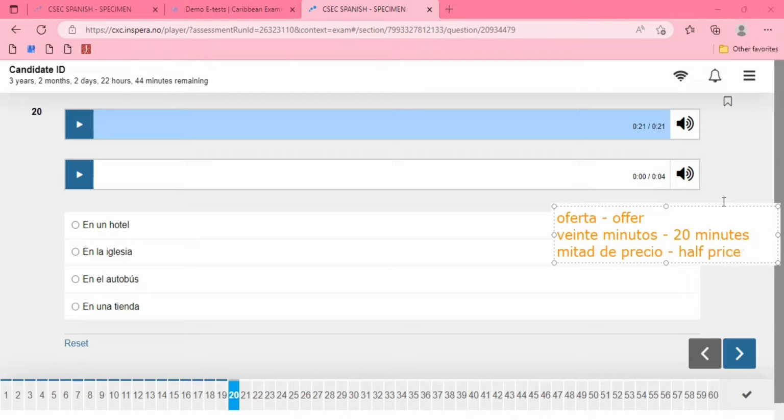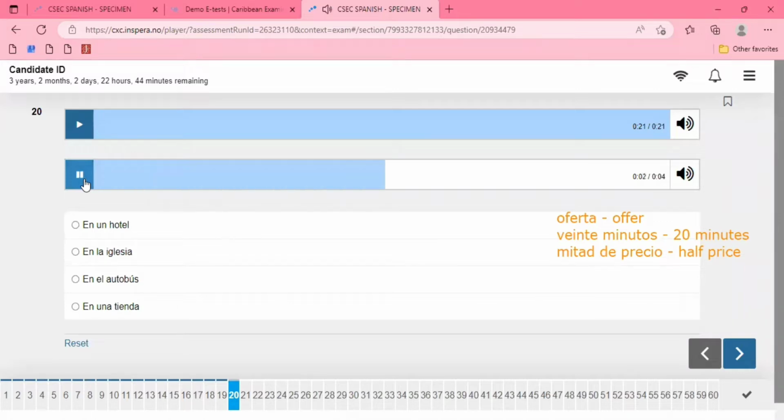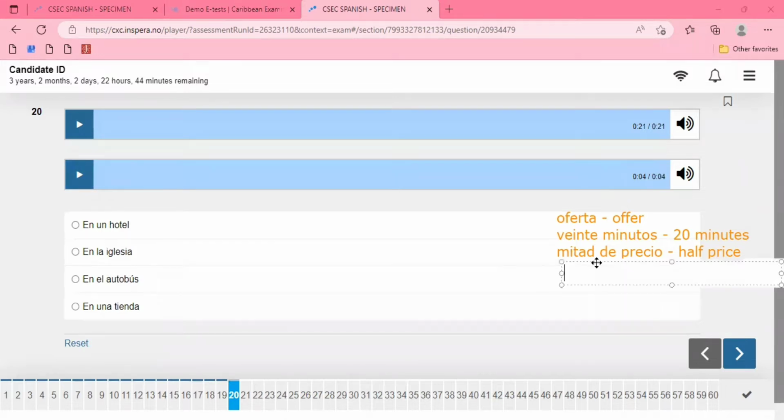So 20. Pregunta 20. ¿Dónde están las personas? So where are the persons? We heard words like offer, we heard 20 minutos, we heard mitad de precio, we heard carritos, which would basically be like your trolley, your shopping cart.